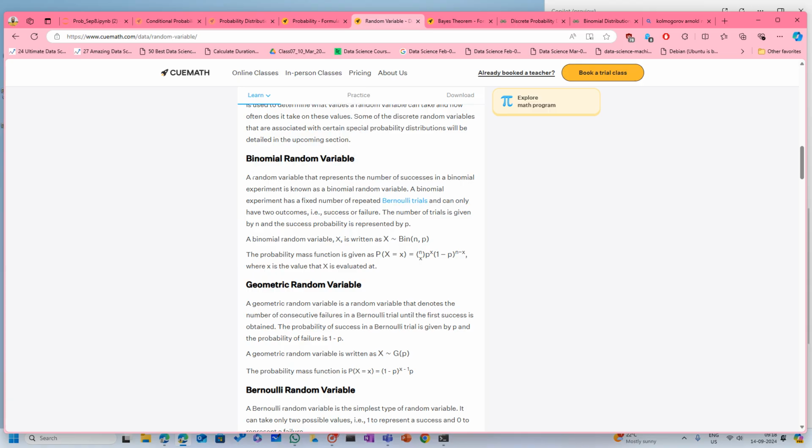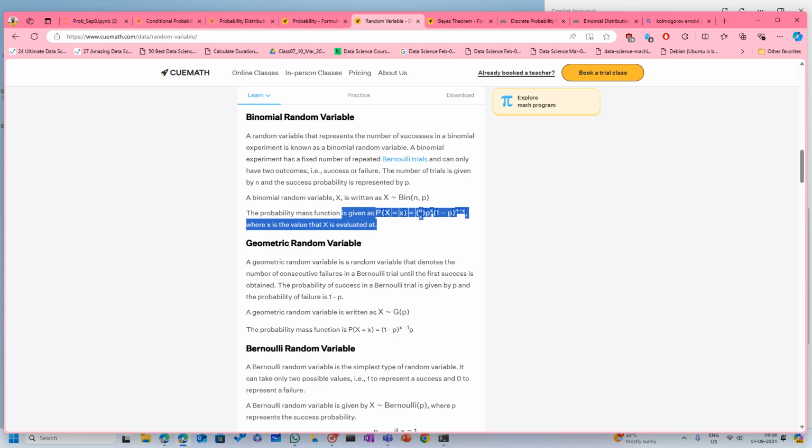Such random variables are called binomial random variables, and the distribution is called binomial distribution, and it is represented by a certain complex formula. Don't worry about the formula, nobody is going to ask you the formula and calculation, but what you have to understand is, by looking at the graph you should be able to understand what a binomial random variable looks like.